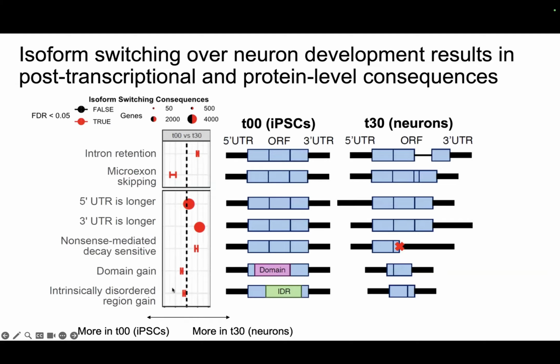And this has drastic consequences for the total protein structure. Yeah, so again, to our understanding, a lot of this is novel, and we don't quite understand why neurons tend to retain more introns, and why that is leading to nonsense-mediated decay.